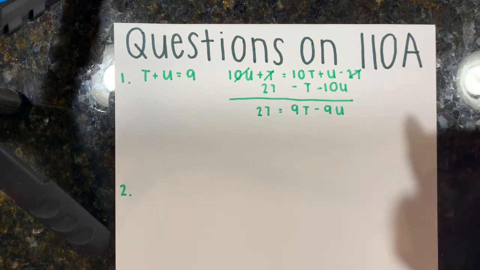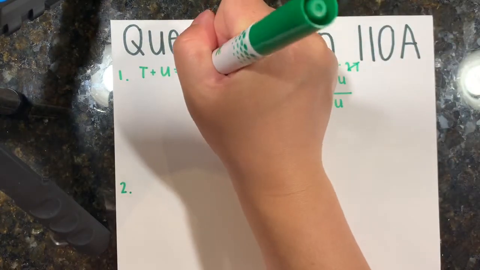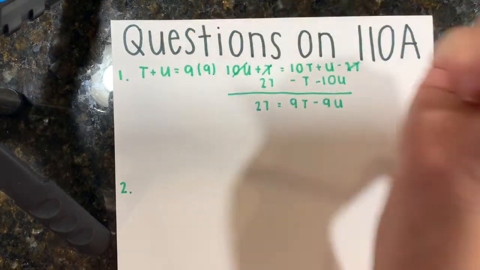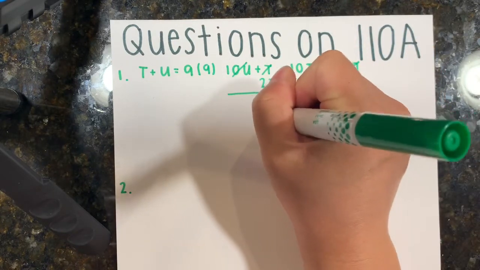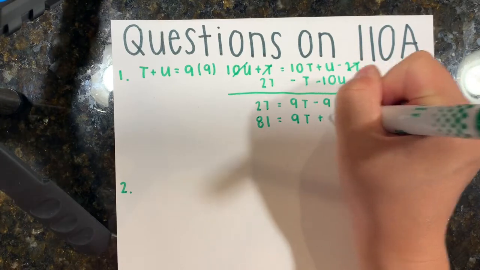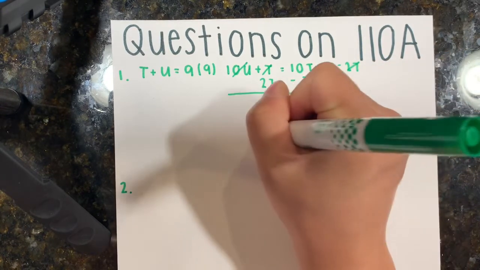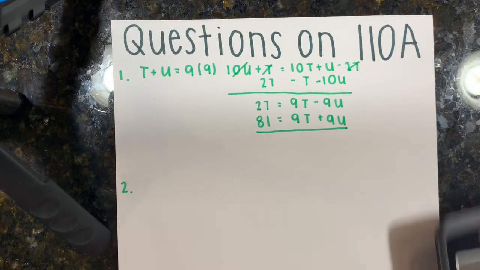Now I can do elimination with the original equation. So I'm going to multiply this one by 9, and I would get 81 equals 9t plus 9u. And we're going to add those together.